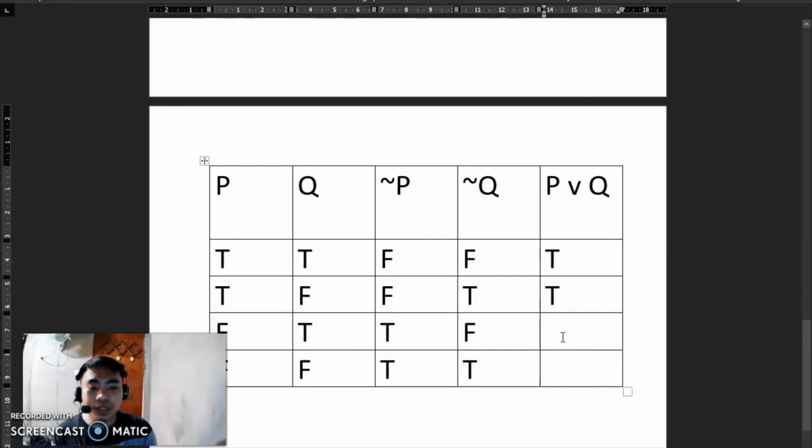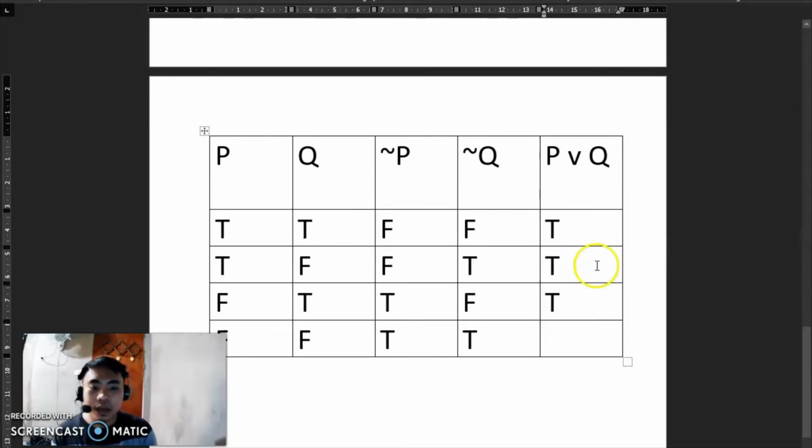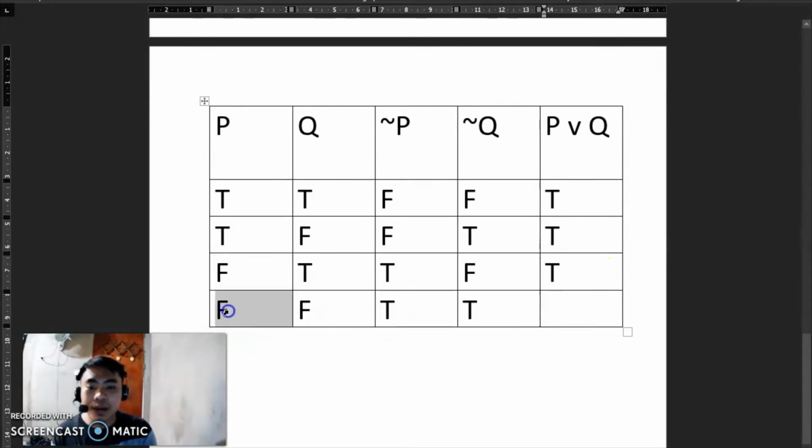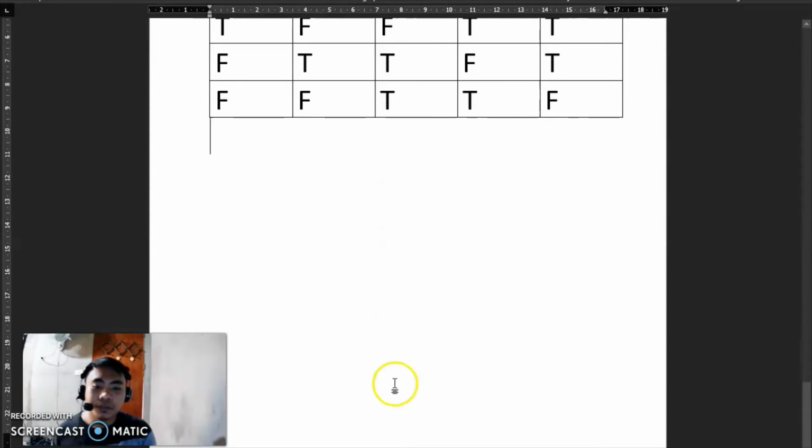Ang magiging sagot po dito ay true. And ang last element natin ay parehas false. So, this will become false. Again, this is disjunction. Saka lang daw tayo makakakuha ng sagot na false kapag parehas silang false. I hope nakuha po yon.